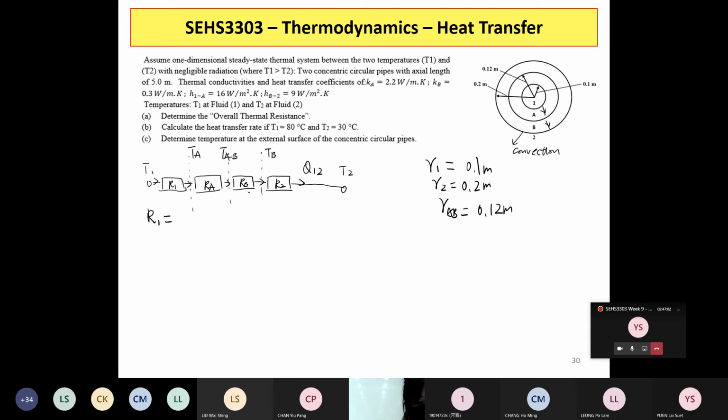That should be 1 over H1 2 pi R1 L, right? Okay, good, very good. This is R1.